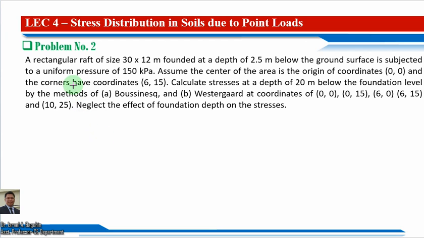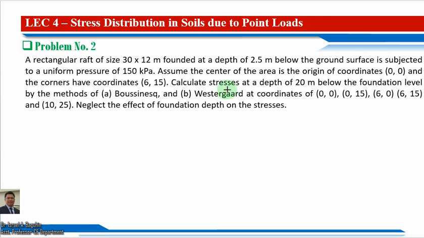Problem number 2: a rectangular raft of size 30 by 12 meters founded at a depth of 2.5 meters below the ground surface is subjected to a uniform pressure of 150 kilopascal. Assume the center of the area is the origin of coordinates 0, 0 and the corners have coordinates of 6 and 15.